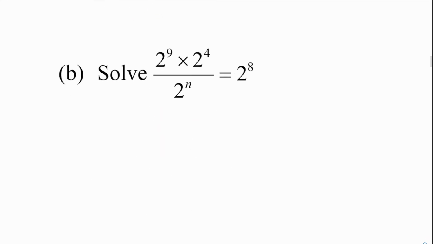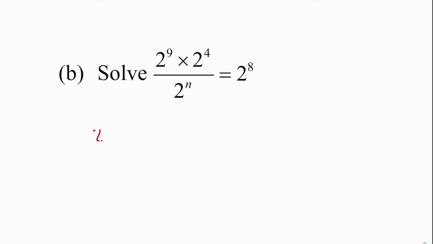Part B, again we've seen this kind of question before, apart from this time the unknown is on the bottom of the fraction. So the first thing to do is, well, there's 2 things you could do first. You could either solve this, or we can multiply both sides by 2 to the power of n. I'm going to multiply both sides by 2 to the power of n first of all.